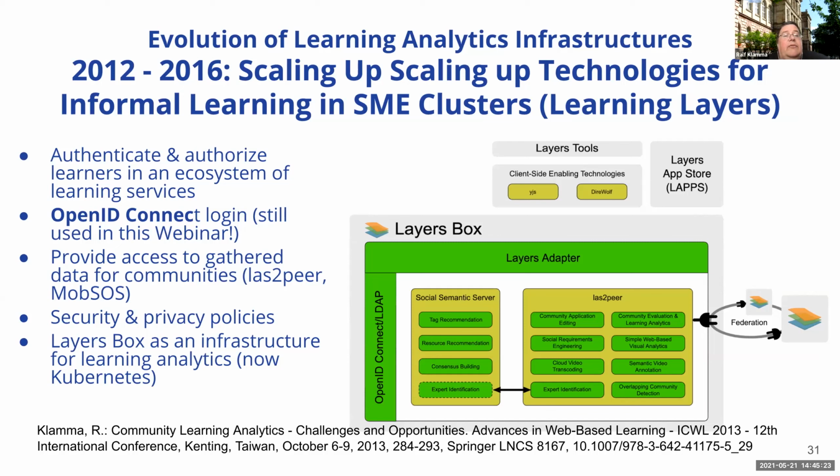What has been left is that we always gathered the data not for other people, but for the learning communities themselves. That was always our goal: not to put the data in the hands of commercially interested people, but in the hands of the learners.